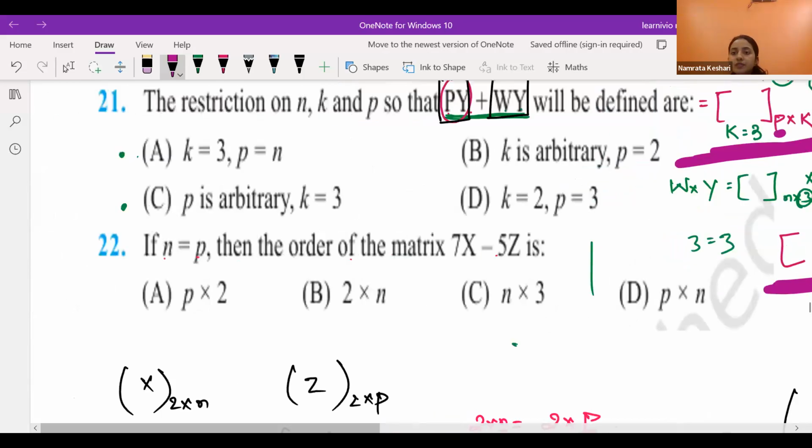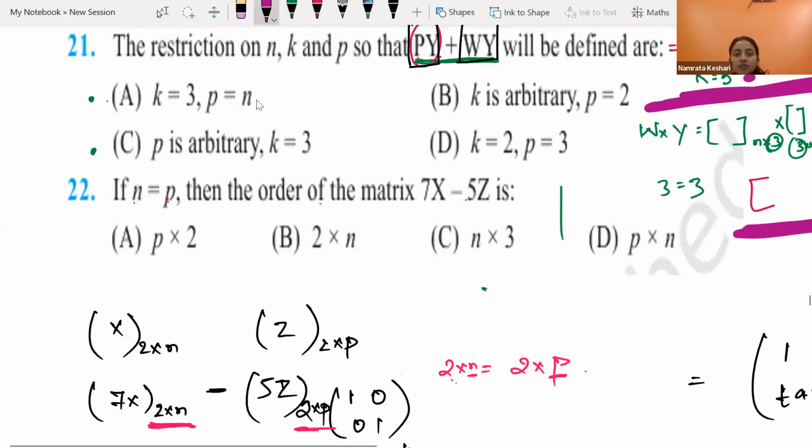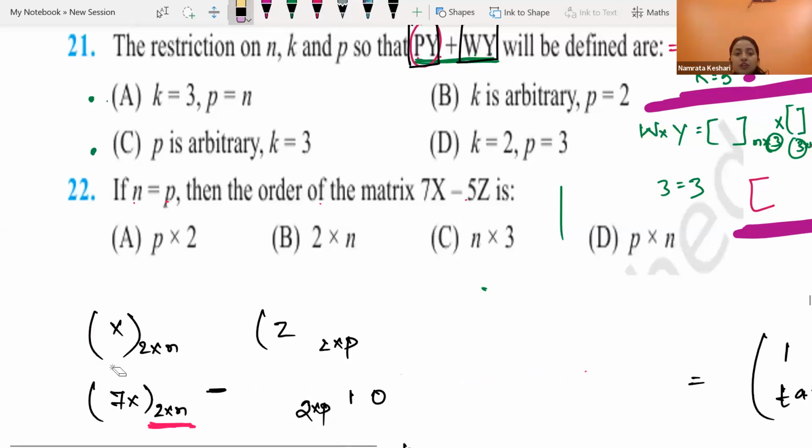Next part says that if we have 7x minus 5z, which one is the correct option? Let me write the order of x over here.